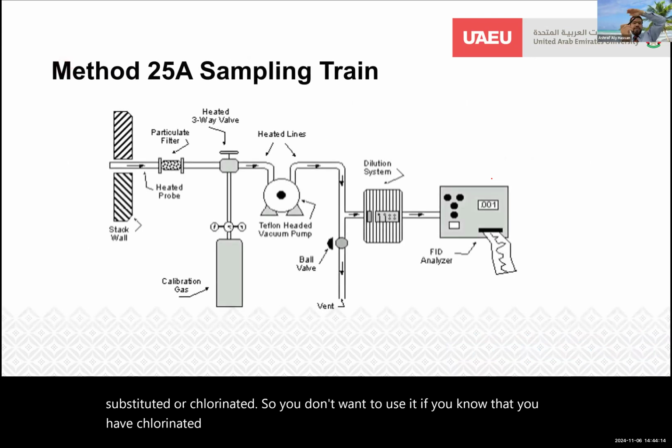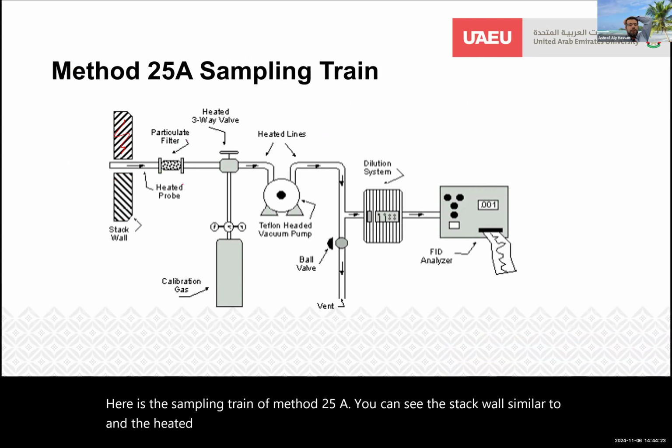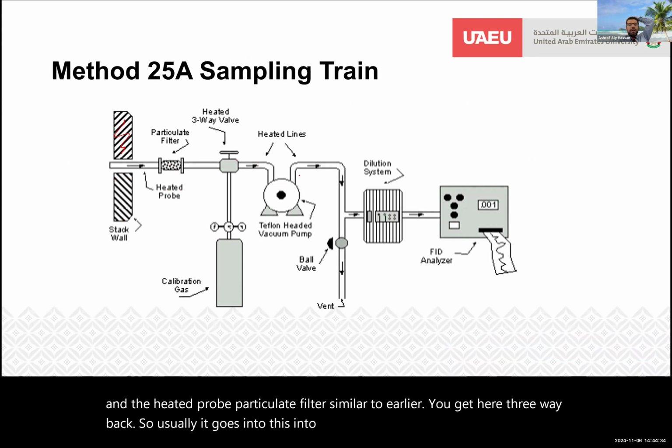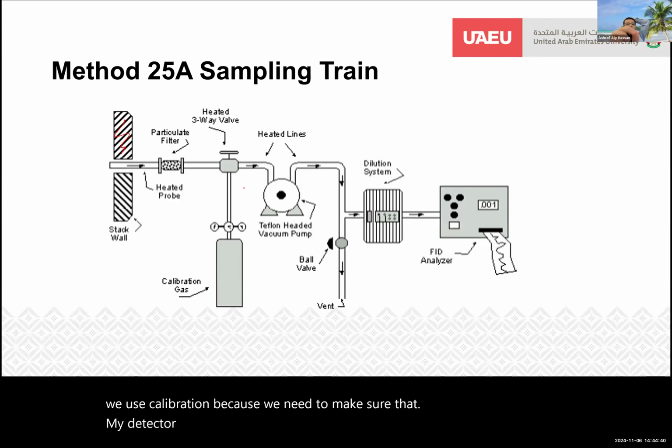Here is the sampling train of method 25A. You can see the stack wall, and the heated probe and particulate filter, similar to earlier. You get here a 3-way valve. So usually it goes into this, or sometimes we use calibration. Why do we use calibration? Because we need to make sure that my detector always gives me the right concentrations.